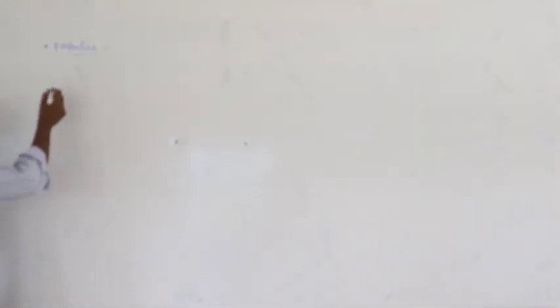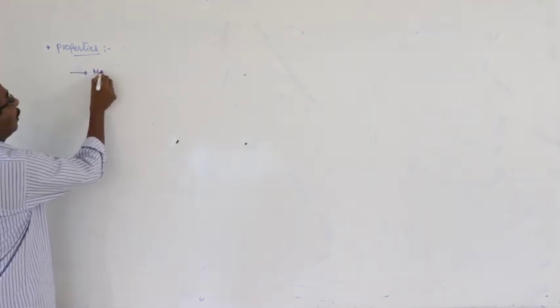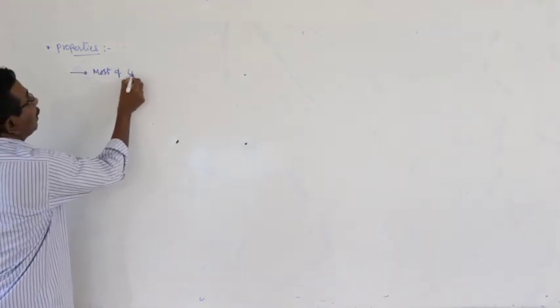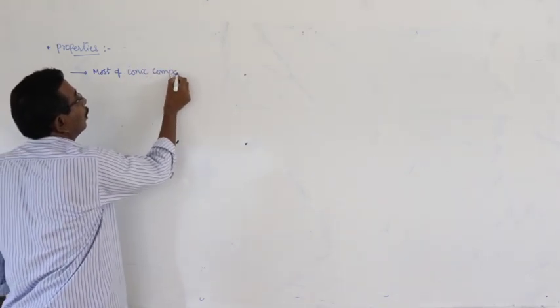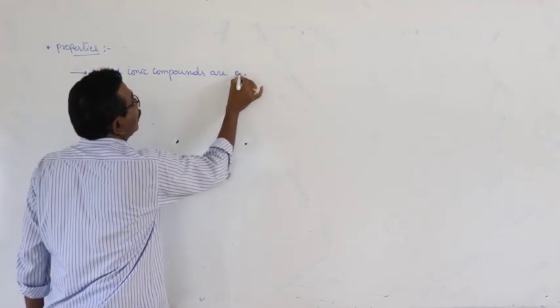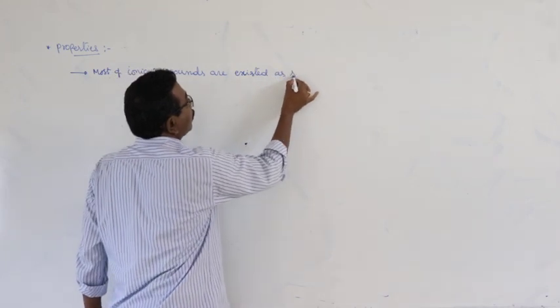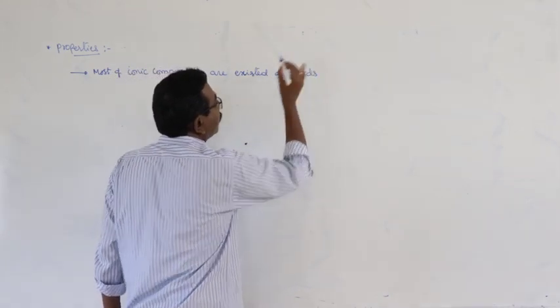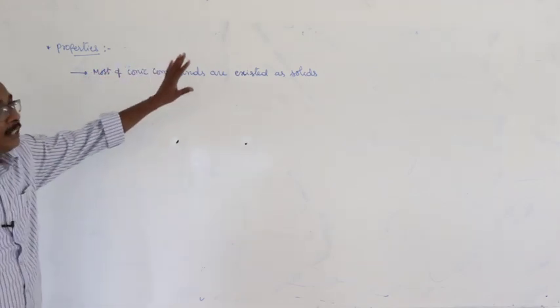Here the first one. Most of the ionic compounds are existed as solids. Most of the ionic compounds are existed as solids.